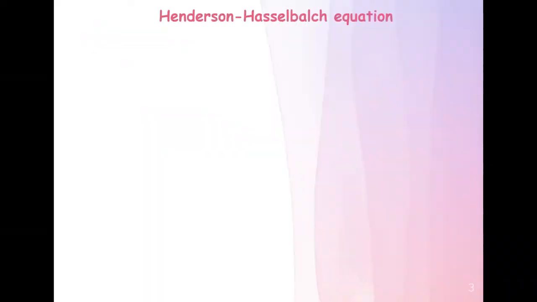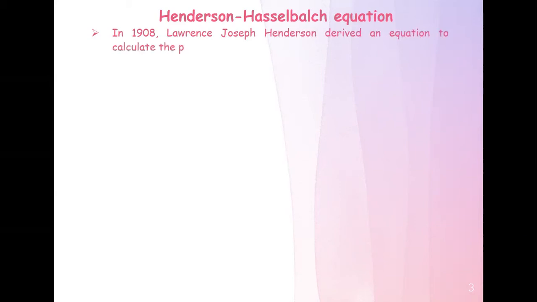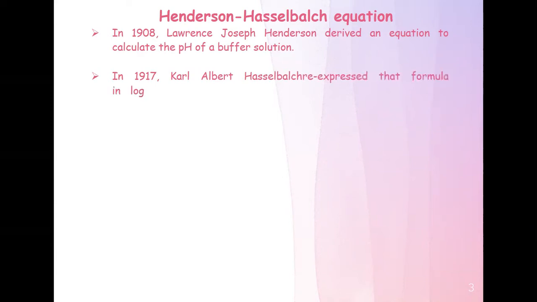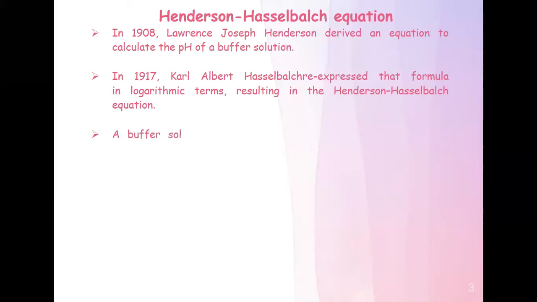Henderson-Hasselbalch equation. In 1908, Lawrence Joseph Henderson derived an equation to calculate the pH of buffer solution, and in 1917, Carl Albert Hasselbalch expressed that formula in logarithmic terms, resulting in the Henderson-Hasselbalch equation.